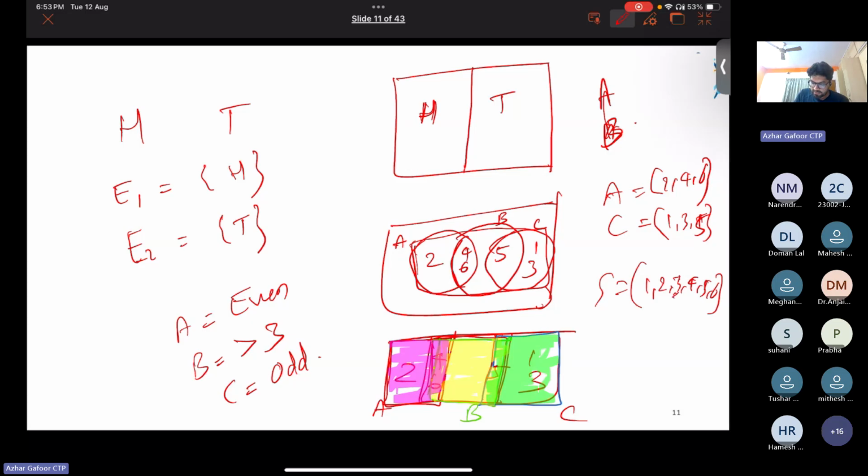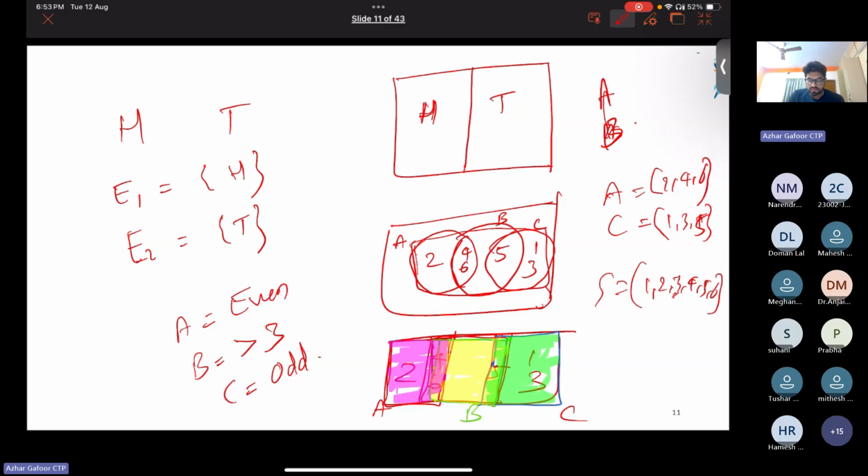Also, there are no common elements in A and C, so that makes it mutually exclusive. And on combining A and C, we get the entire sample space, so that makes it mutually exclusive and exhaustive.